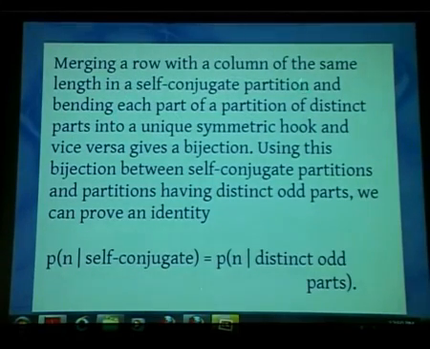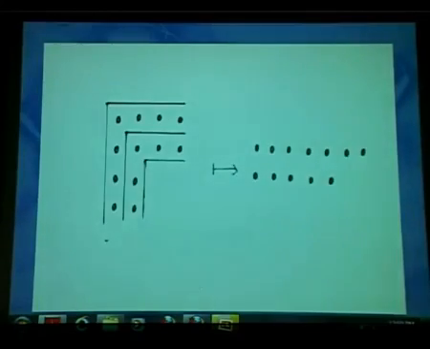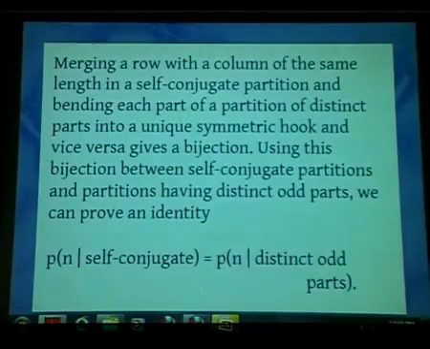Merging a row with a column of the same length in a self-conjugate partition, and coming back from this set to that set, this is an odd number of things. You start with this, bend like this, again start with this, bend like this, and you come back in the reverse way. So we proved this identity, this is the bijection. So this is the number of self-conjugate partitions.